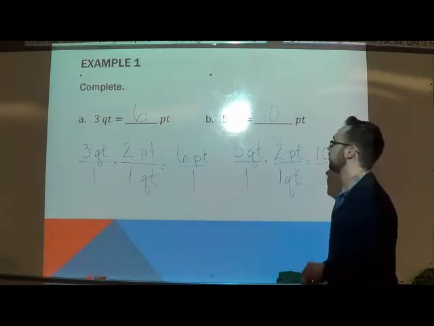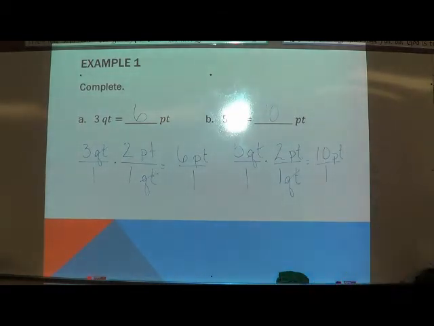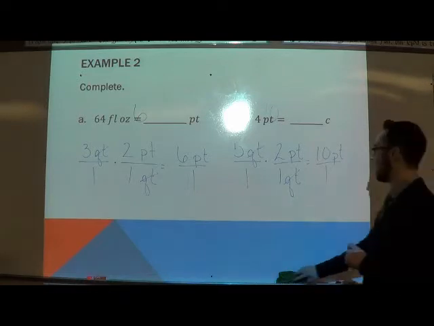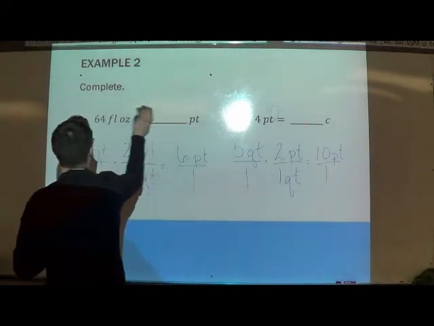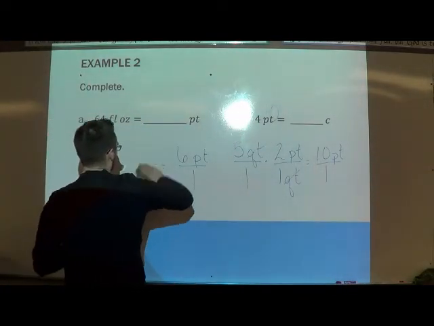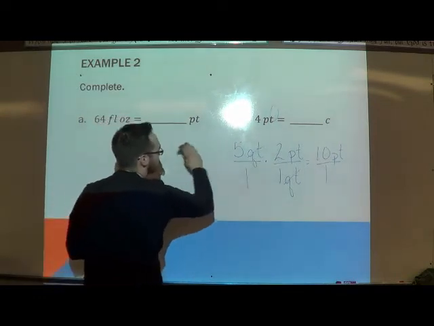So 5 quarts is equal to 10 pints. That's moving from a bigger to a smaller unit, the same thing that we talked about earlier. When you're moving from bigger to smaller, you're multiplying. However, when we move from smaller to bigger, we're going to be dividing. So let's take a look at some of these smaller to bigger examples.